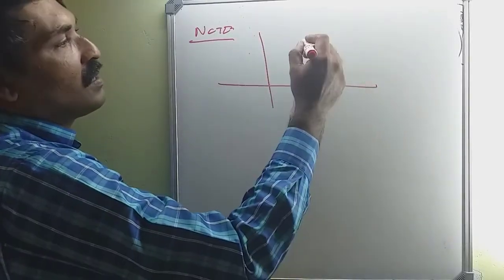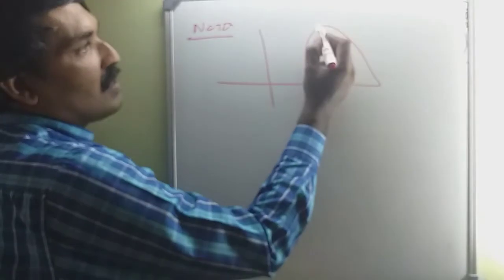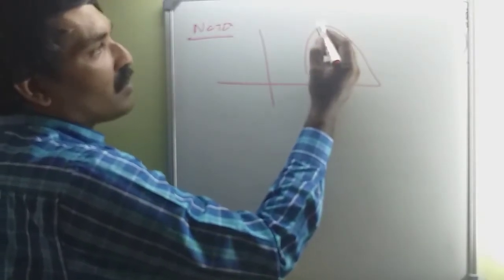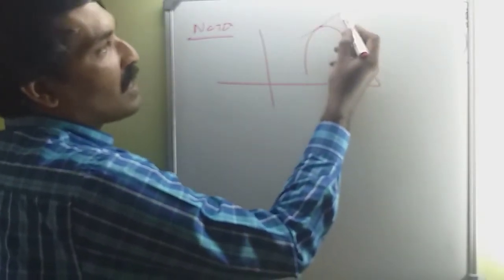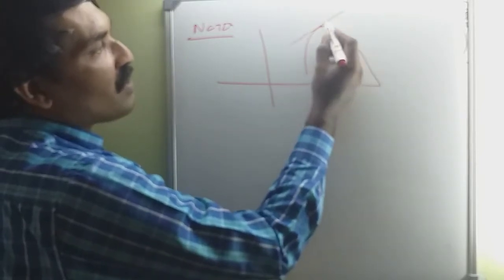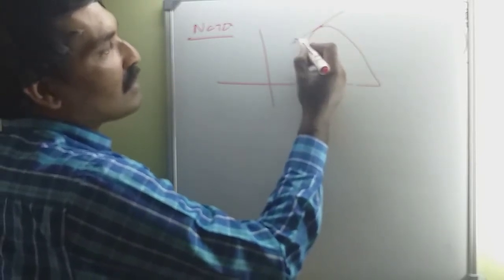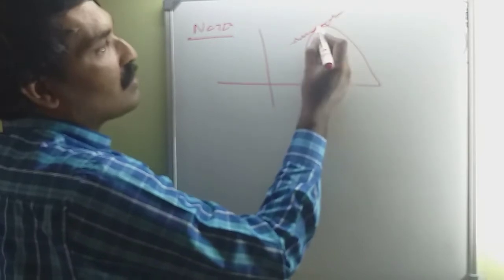Now let's consider the function. Let this be a point, and we are drawing a tangent at this point. If this function is differentiable, then the tangent is unique at this point.